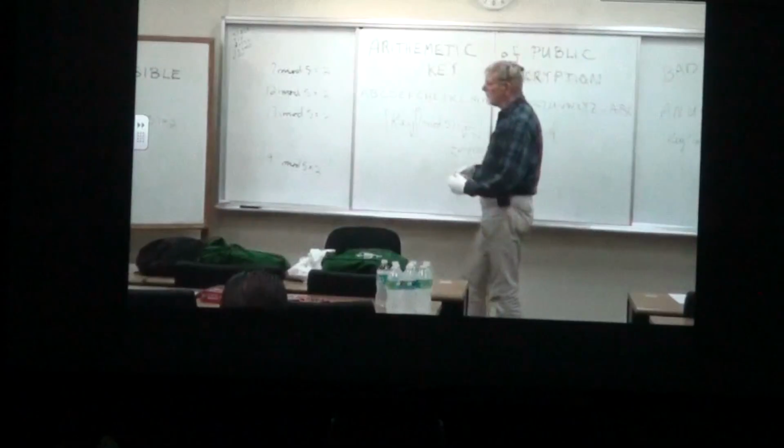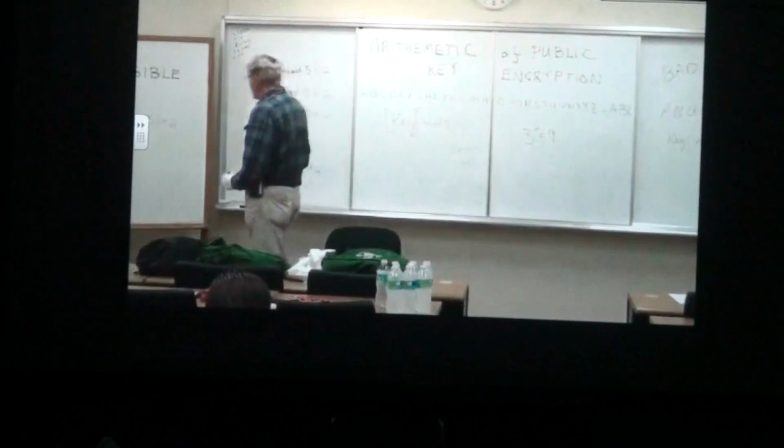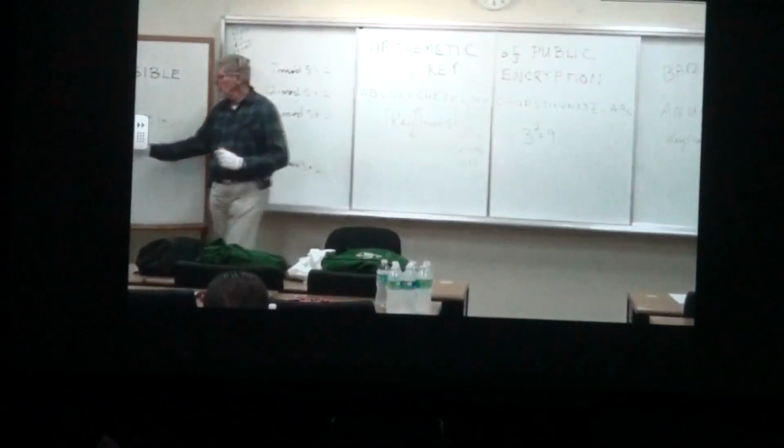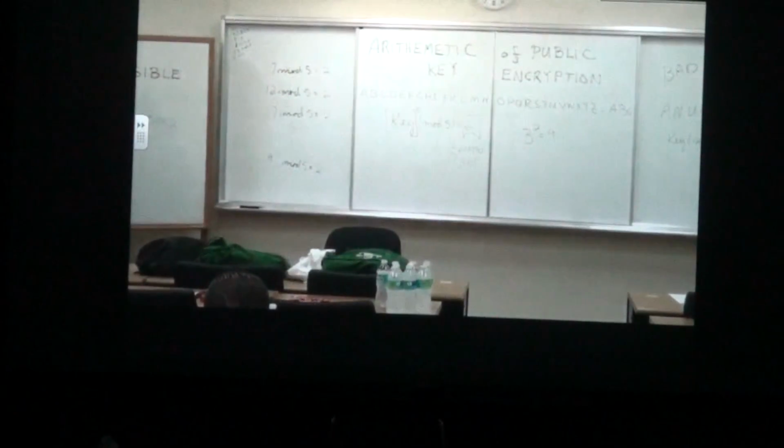The reason it improves the abilities of the receiver is that this exponent was very carefully chosen by the receiver. He chose it in just such a fashion that he has a magic number, and only he has it.